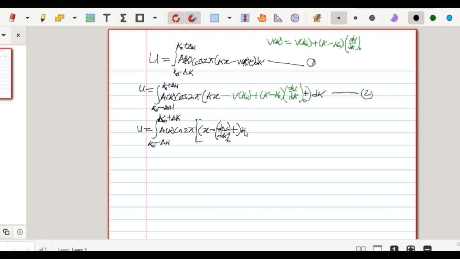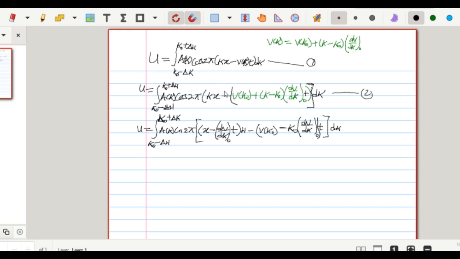Then the next thing is minus v of k naught, and then you have k naught here, so this will be minus k naught into dv over dk naught, and all of this multiplied by t, because this t multiplies all of it entirely.